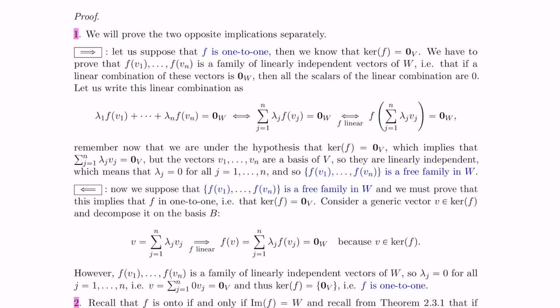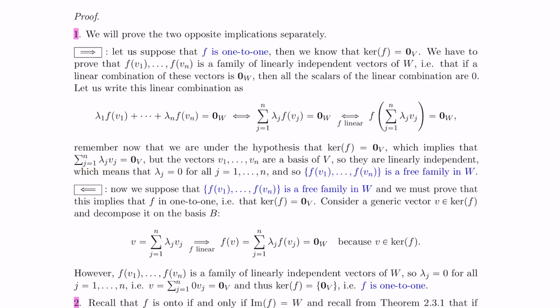Now notice that since this vector here is nullified by the action of f because it's transformed into the null vector of W, this means that this vector belongs to the kernel of f. However, as I told you before, under the hypothesis that f is one-to-one, the kernel of f is just the null vector of V. So we have that this vector here is equal to the null vector of V, as it is written here.